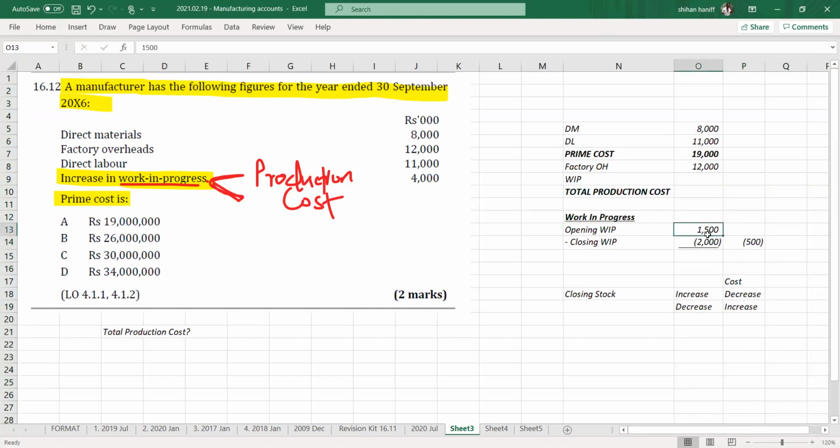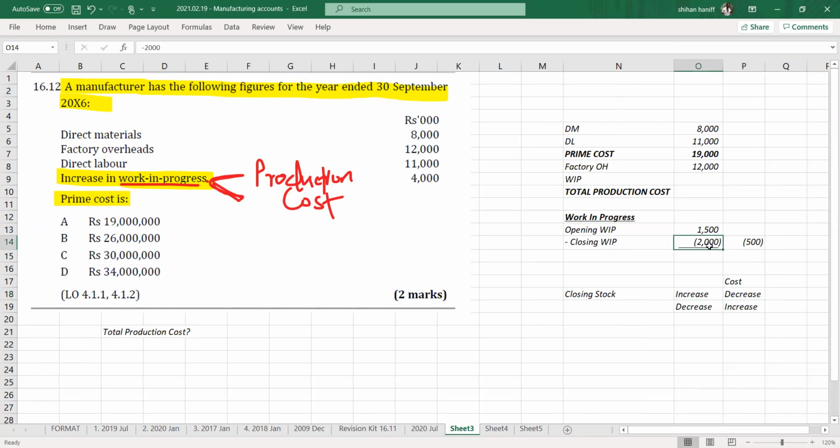Right. So if the closing stock increases, what happened to the cost? Decreased, right? When the closing stock increased, cost is decreased. That's the relationship.